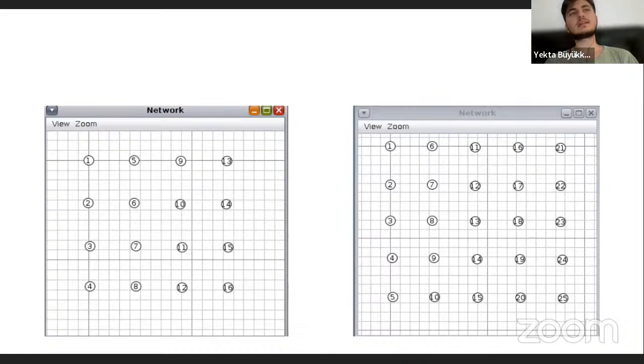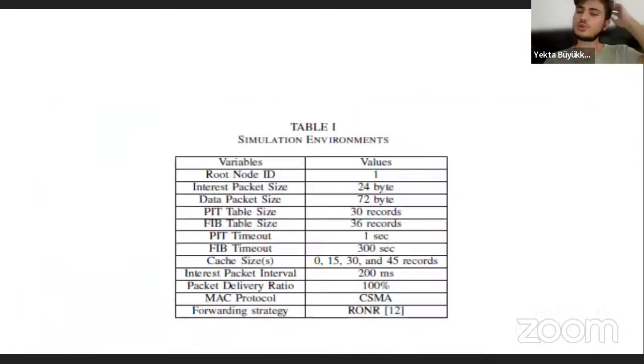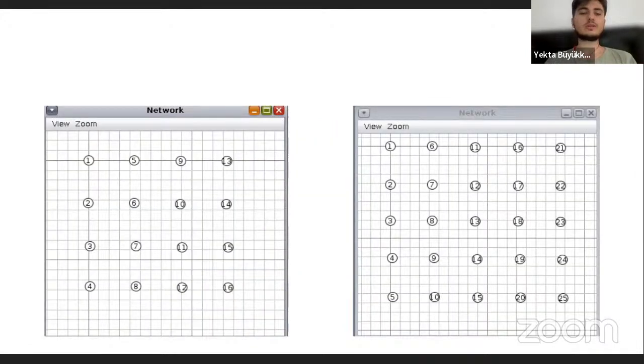This is actually not quite good because it floods the entire network, and there can be a lot of delays in the network. So we use RON, reactive optimistic name-based routing. It first runs vanilla interest flooding, but then uses FIB tables.